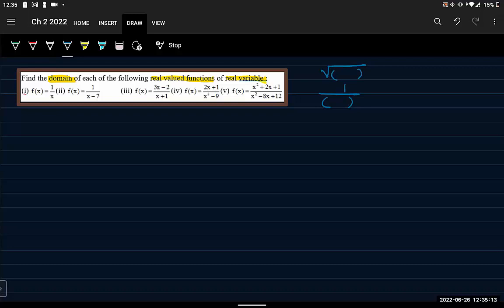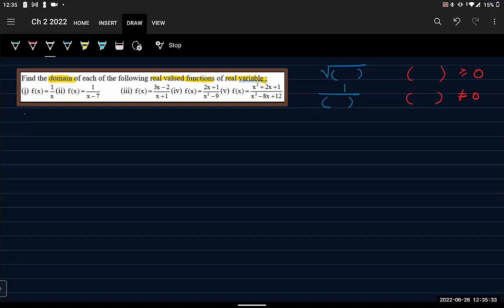If it is inside the root, then we'll say the term inside the root must be greater than equals to 0. And if we have something in the denominator, we will say the denominator must not be equals to 0. So we'll look for these two restrictions. Otherwise, the domain of the function would remain R.